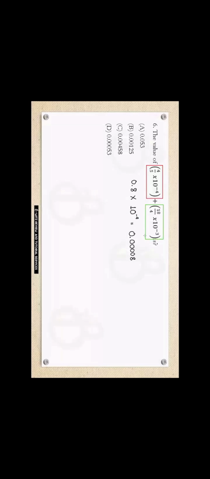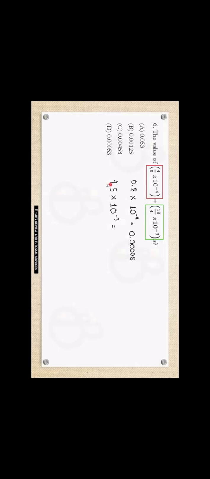So this is the second term. Now, 18 over 4 is 4.5 as a decimal, multiplied by 10 raised to negative 3. Again, the exponent is equal to negative 3, meaning that given our decimal point here for our number 4.5, we need to move it 3 units to the left.